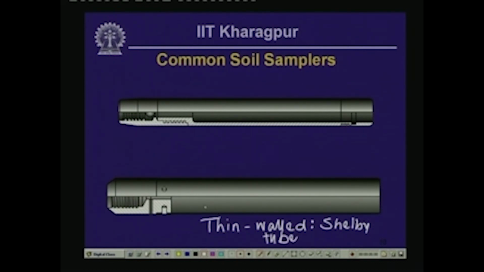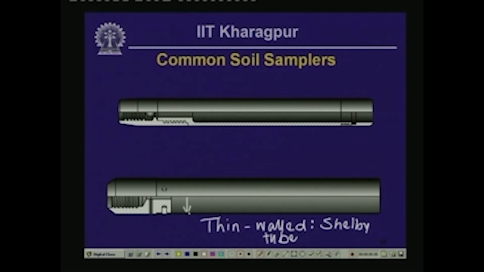So, in the top sketch, this particular picture also shows a partially cut view. The upper half of this picture shows the outer appearance of this sampler, and the bottom part shows the cut view or the section of the sampler.